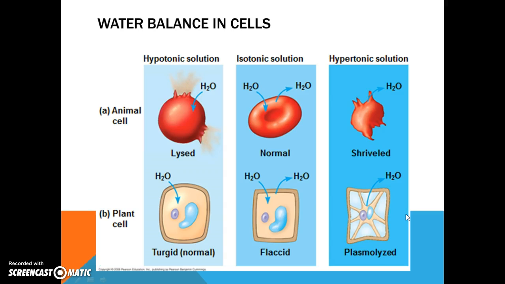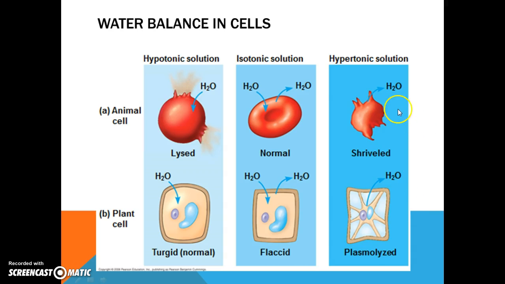And the last one is called a hypertonic solution. Hypertonic solutions cause a cell to lose water. This is called crenation, and can lead to the death of a cell due to dehydration. In plants, this is plasmolysis. This is because the hypertonic solution has a higher concentration than the inside of a cell.